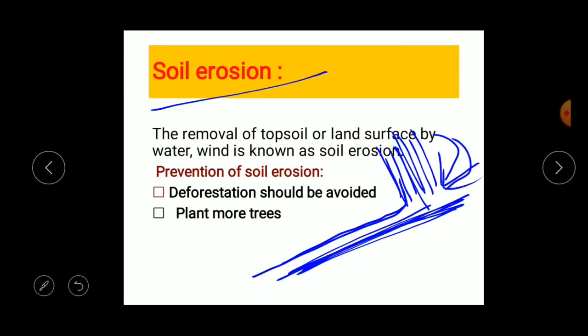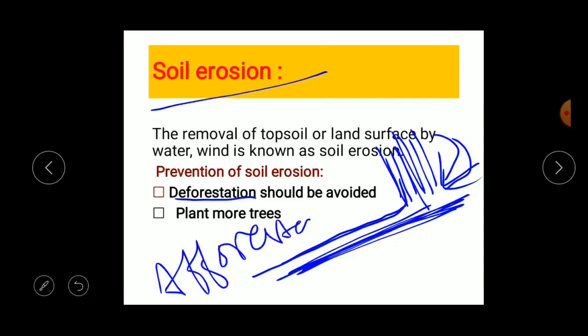How can we prevent this soil erosion? Deforestation should be avoided. Deforestation is nothing but the cutting of the trees. By stopping the cutting of the trees, we can prevent soil erosion. Instead of that, we can go for afforestation.